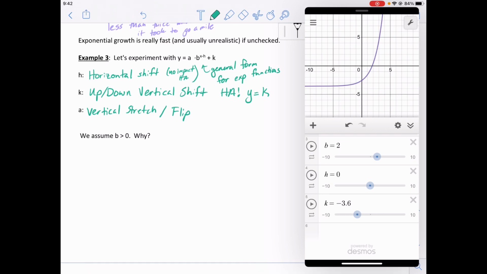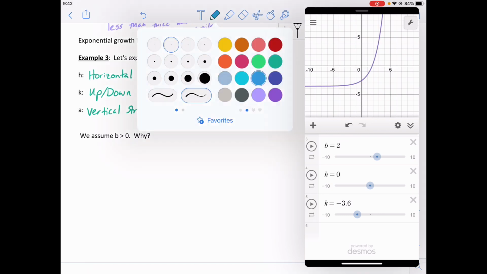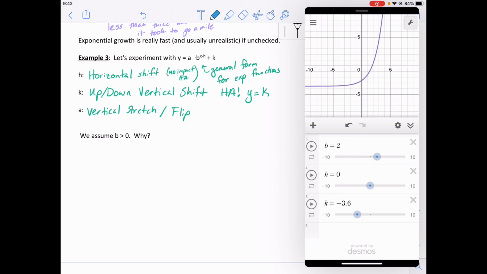Now, we're going to assume b is greater than 0, and why do we do that? Well, let's look a little bit closer at b. b, if I make it less than 1, flips this, right? So if b is less than 1, but still greater than 0, we get our graph that looks like this, right?